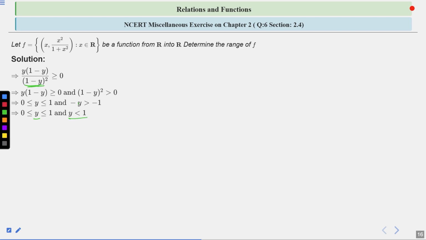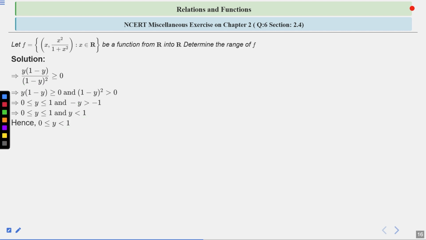Because the denominator could be 0, but we do not want our denominator to be 0, and we know square of any real number is always non-negative, and the square gives me the 0 output when input is 0. So in this case I do not want input to be 0. So what I am having is 1 minus y whole square is strictly greater than 0. This gives me y is less than 1.